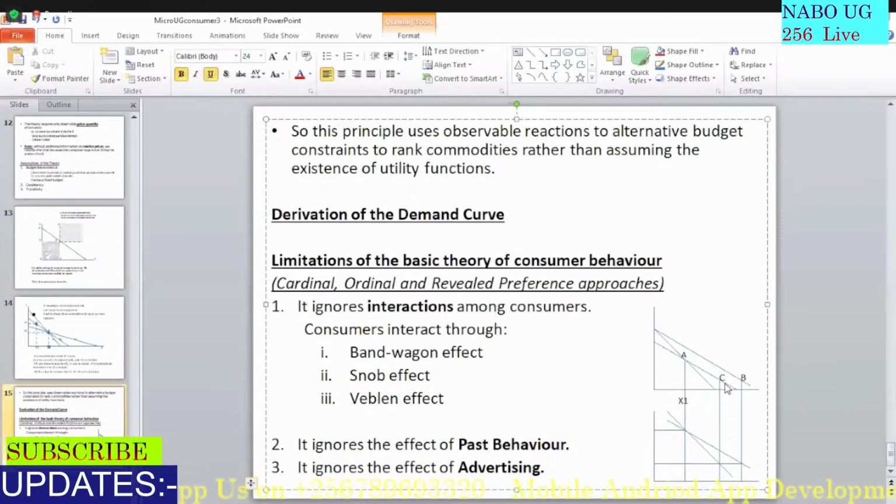When you trace that through E1 to the new indifference curve, he's at E2. At E2, you can see he's willing to spend BY2. When you look at that difference there, it is what we call the consumer surplus. So basically that is the consumer surplus.